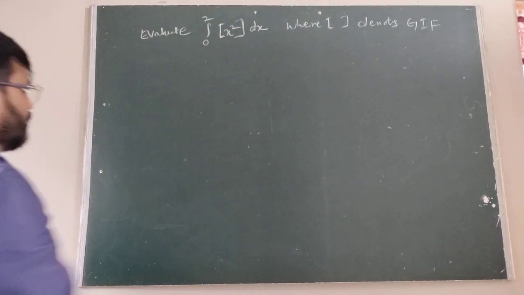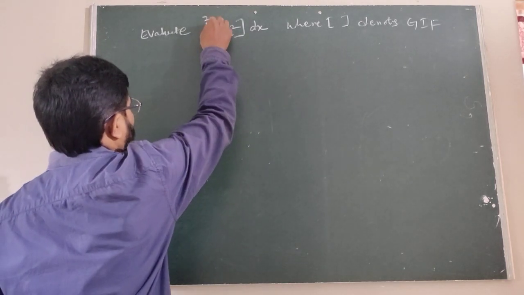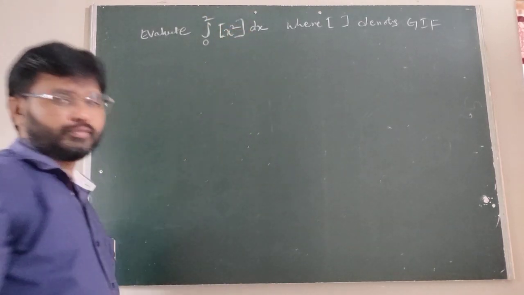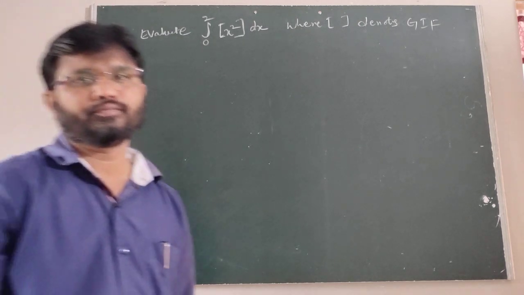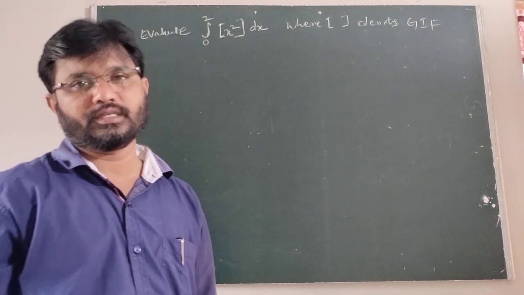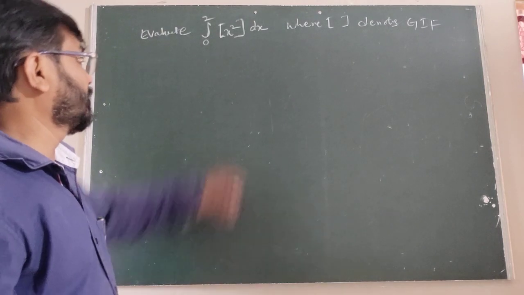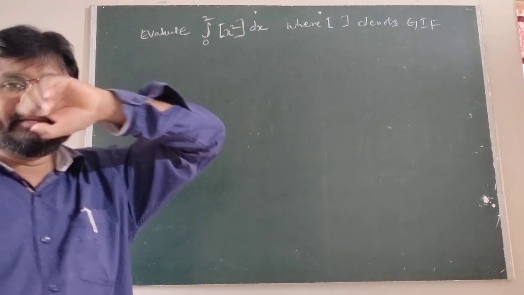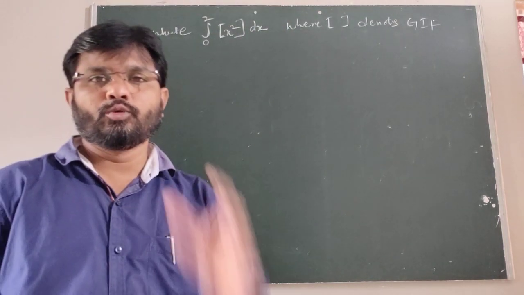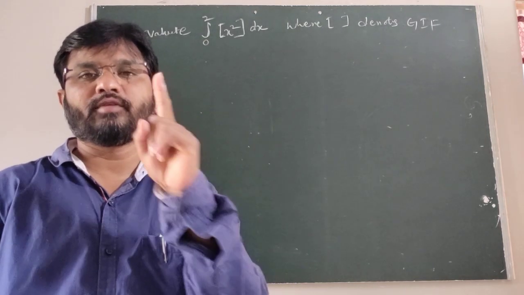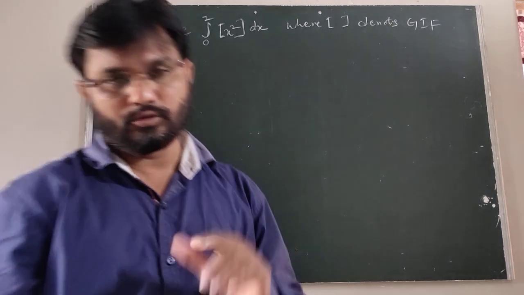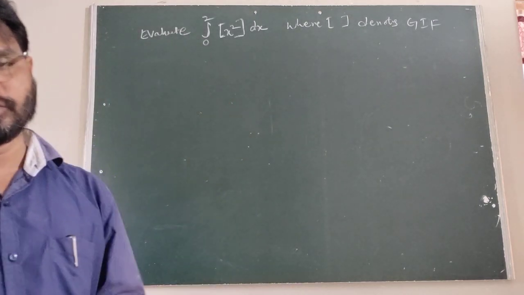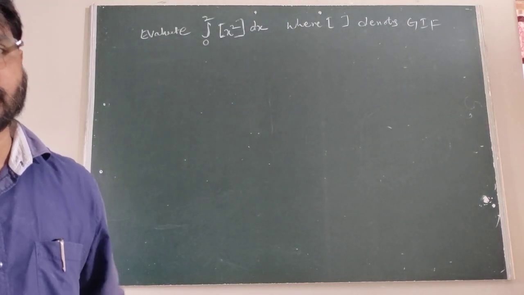Therefore here, comparing the last question and this question, there is x square, but here root of x. Now when the root of x is there, we have to take the limits 0 to 1 square, 1 square to 2 square, 2 square to 3 square, 3 square to 4 square, and so on, n minus 1 whole square to n square.